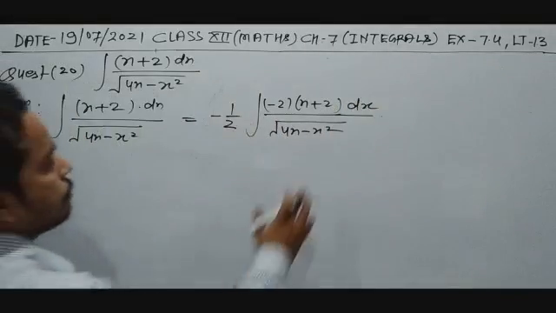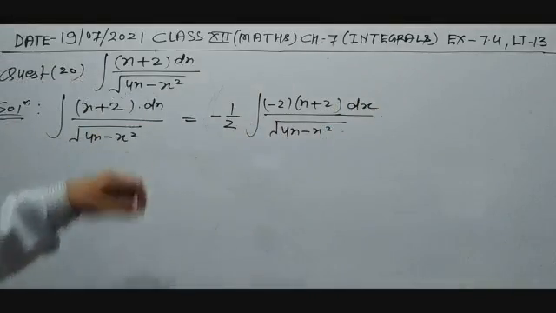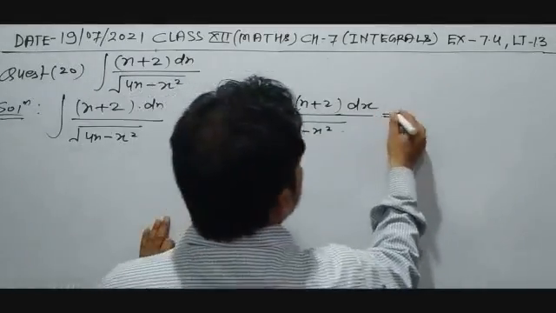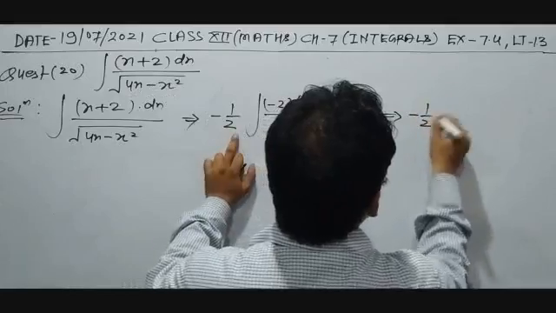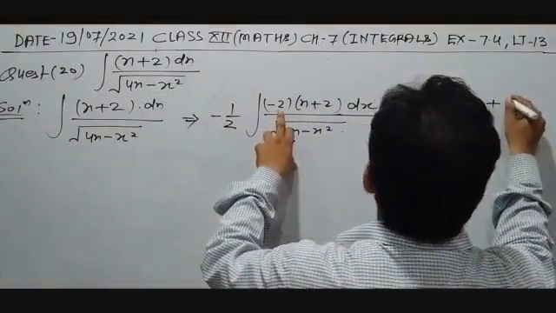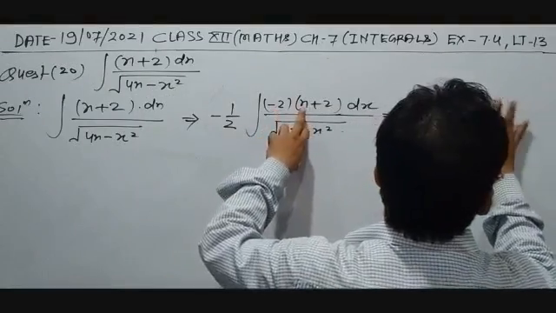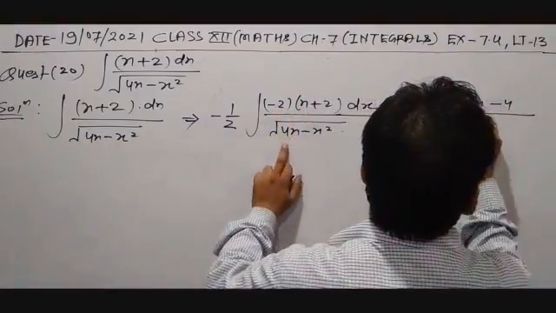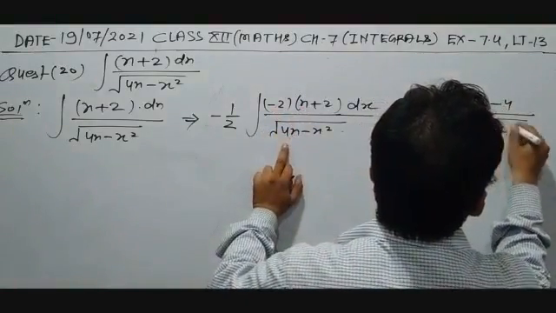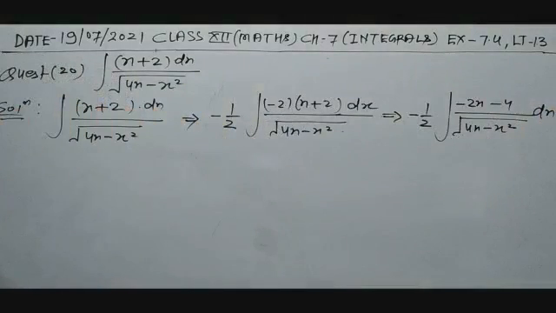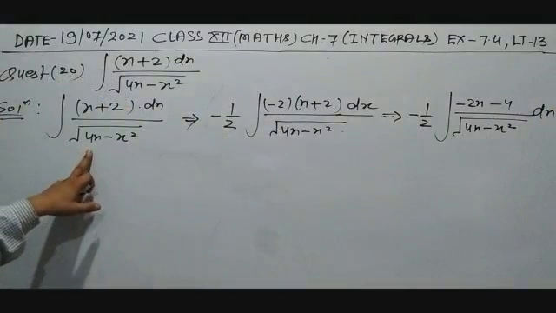And now you can write this term as minus 1 by 2 integration of (minus 2x minus 4) upon root over 4x minus x square dx, and we have to get minus 2x plus 4.